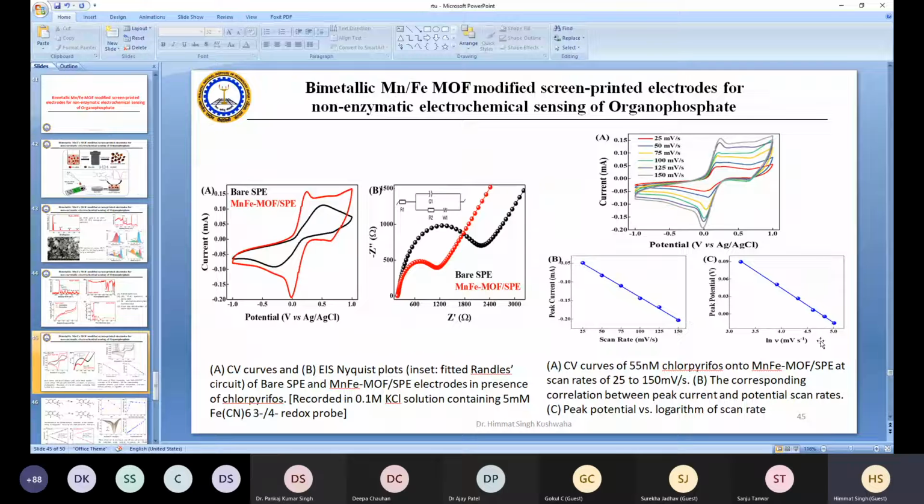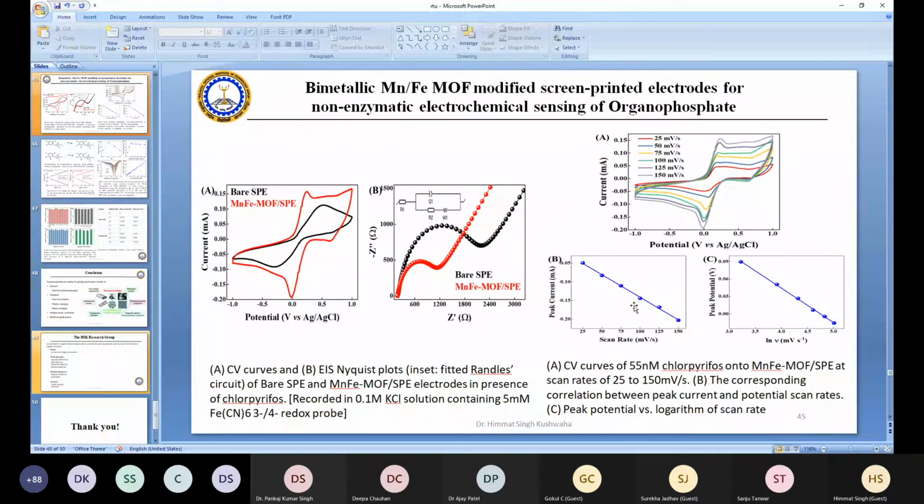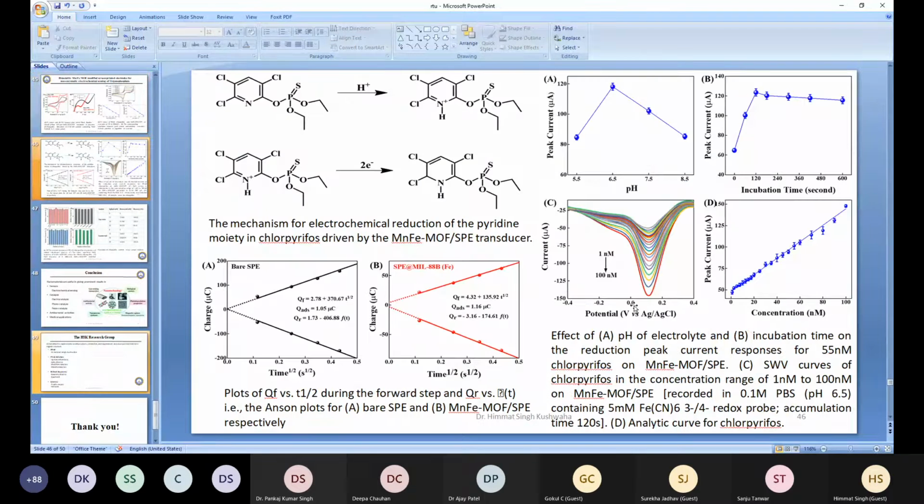The active surface area can be calculated by the Randles equation, and it is around 0.334 square centimeters for this sensor. The sensing mechanism is mainly based on the electrochemical reduction of the pyridine moiety in chlorpyrifos.